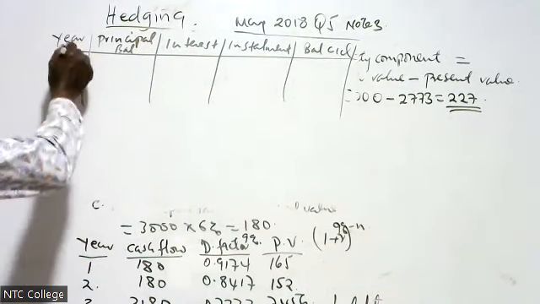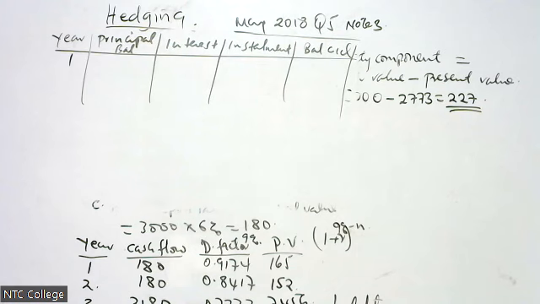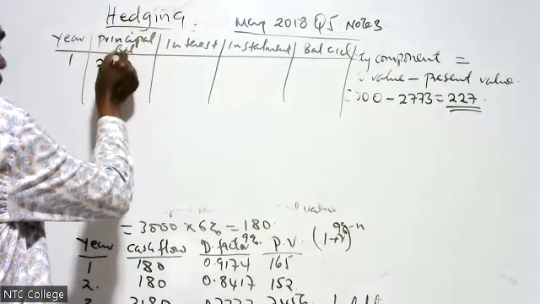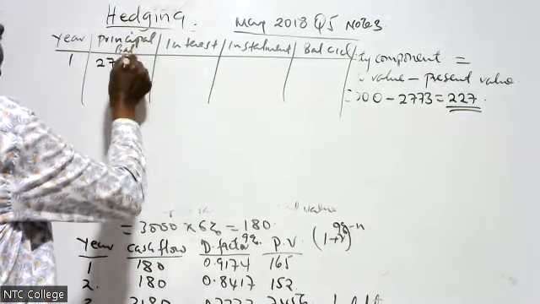Therefore, in my year 1, you are amortizing the liability, but with equity, you hold it at fair value. My principal balance is the liability, which is 2773.